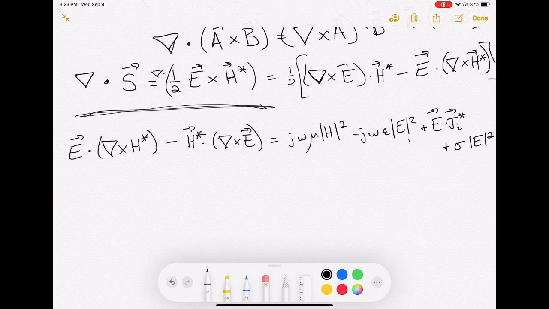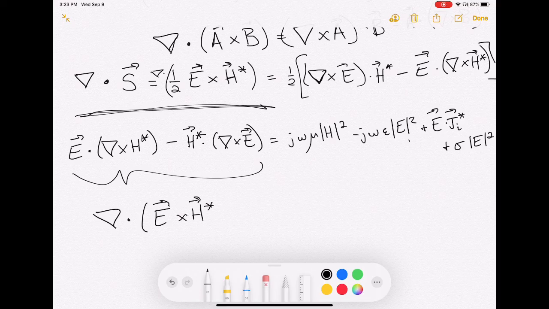We're almost there. We apply that vector identity, and we get that the left-hand side is equal to the negative of the divergence of E cross H star. And because the Poynting vector has a factor of 1/2, we're also going to divide by 2. So let's put a 1/2 right there.